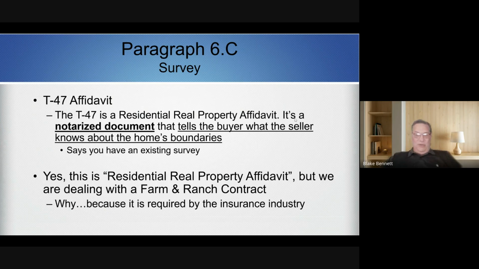We're using it in farm and ranch because it's required by the insurance industry. That's the only reason I can tell you. So farm and ranch and residential use the same one.